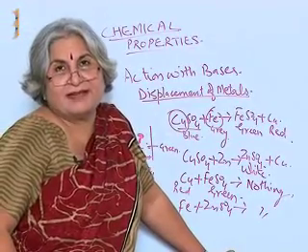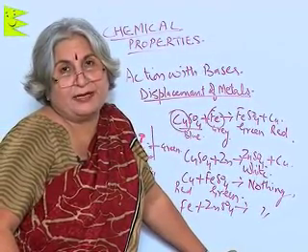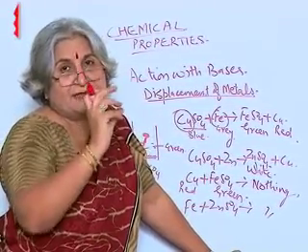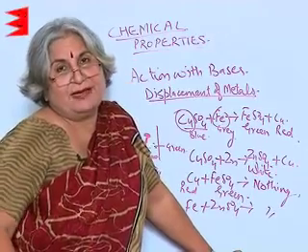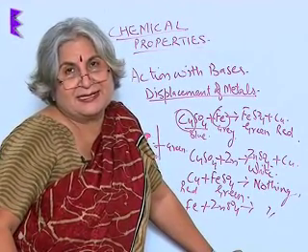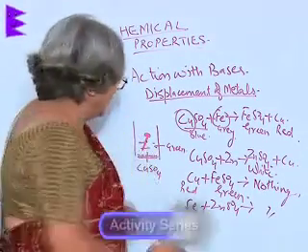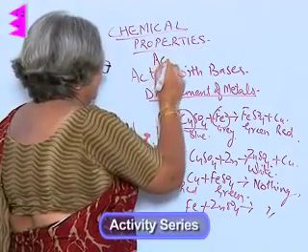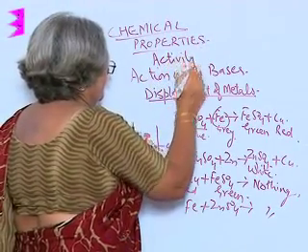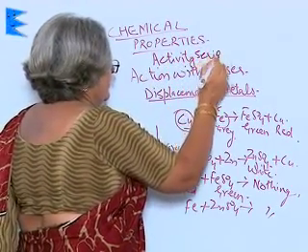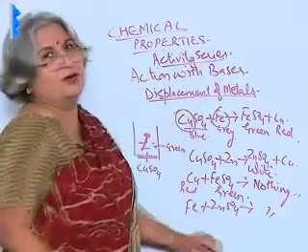This is a very interesting and very important property of a metal, and on the basis of this, as I told you, we have been able to list metals, and this series is called the activity series. The most reactive metal is sodium.